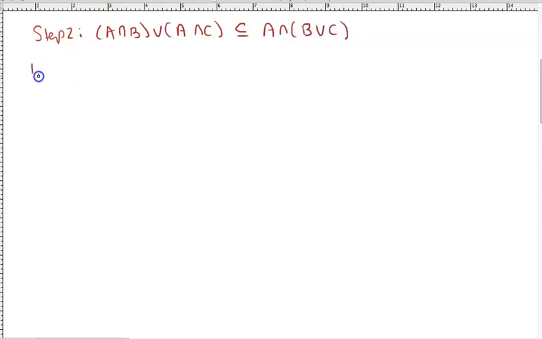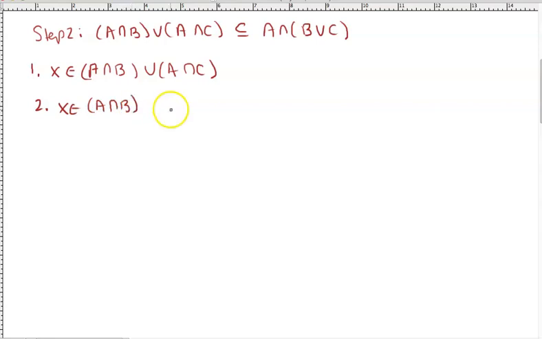Similar, just taking the steps backwards, we start with our arbitrary element X being a member of this set right here. Then we use the definition of a union to say that X has to be in A intersect B, or X has to be in A intersect C. That's the definition of what a union is.